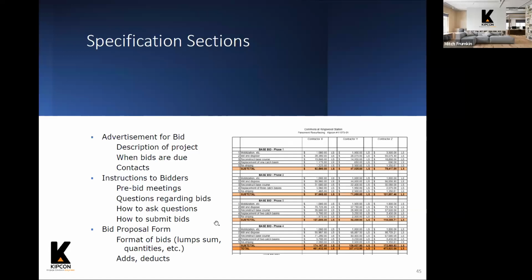The project manual also has additional information that supplements what's in the blueprints. It gives a narrative description of the project, and may tell the contractor when bids are due and who to contact if they would like to visit the site.